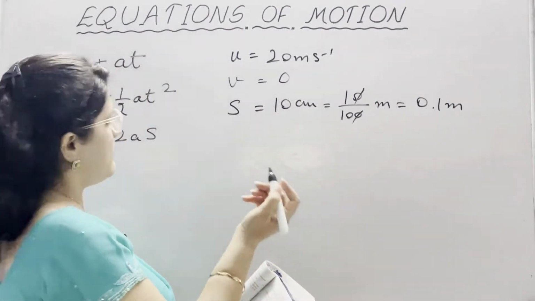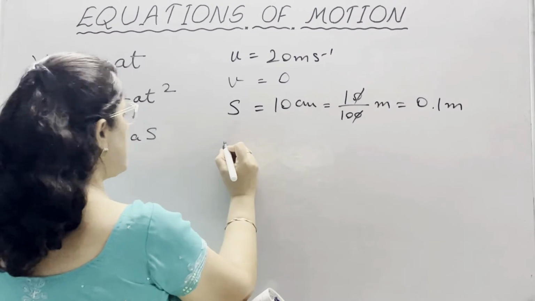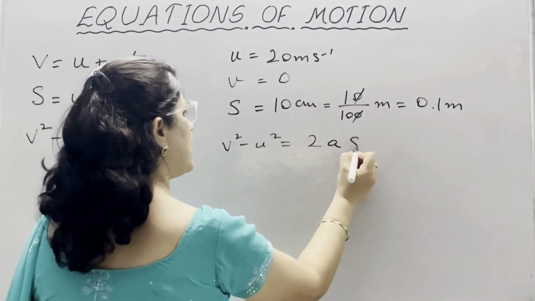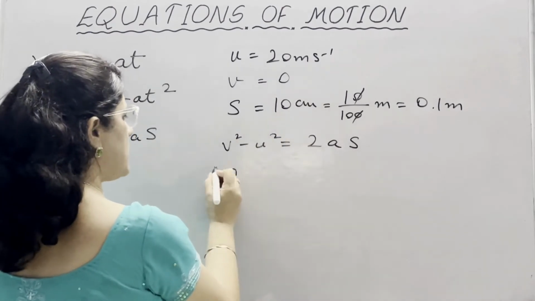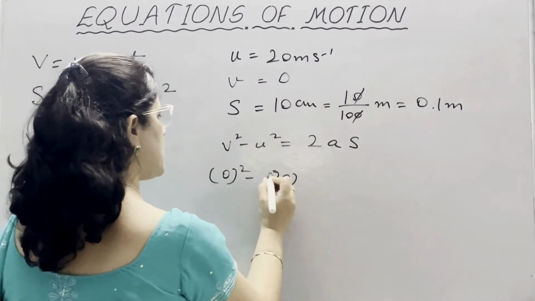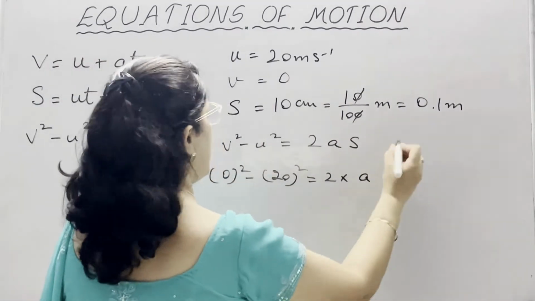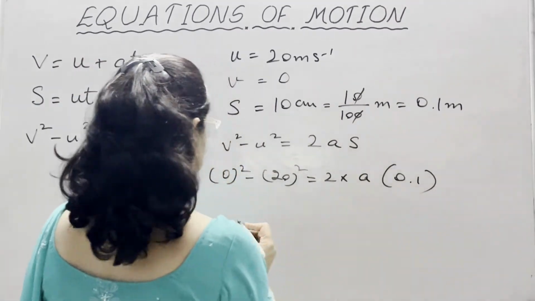Now calculate the retardation caused by the target. Retardation means negative acceleration. So we are going to use the third equation, v square minus u square is equal to 2as. Value of v is 0, value of u is 20, acceleration a we need to calculate and s is 0.1.